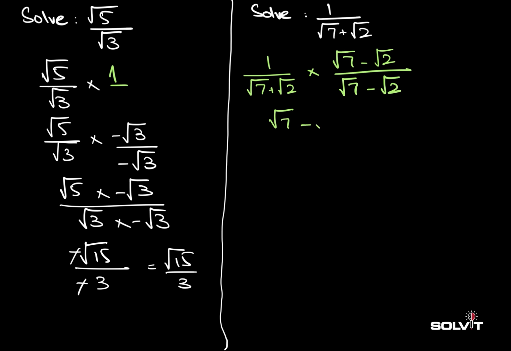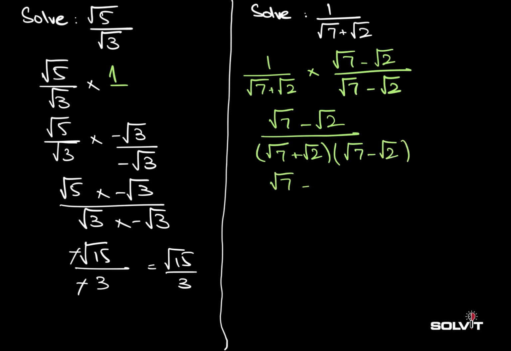Under root 7 minus under root 2 over under root 7 plus under root 2 into under root 7 minus under root 2. So now this is going to become negative 7 under root and negative 2 under root, and then this is going to become this. Okay, so this is a plus b, a minus b.